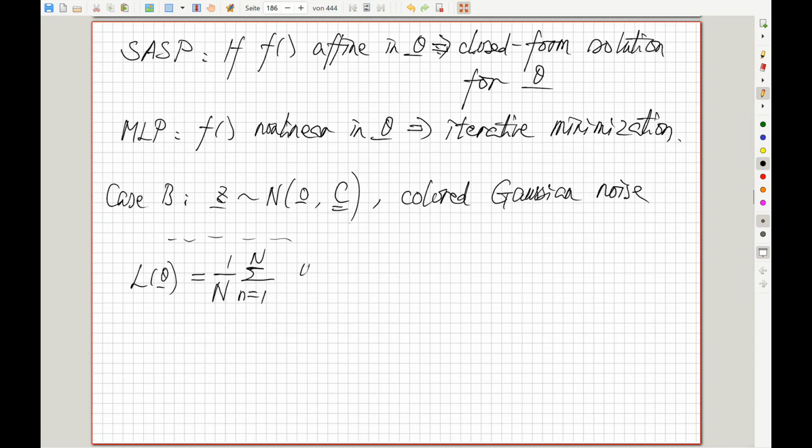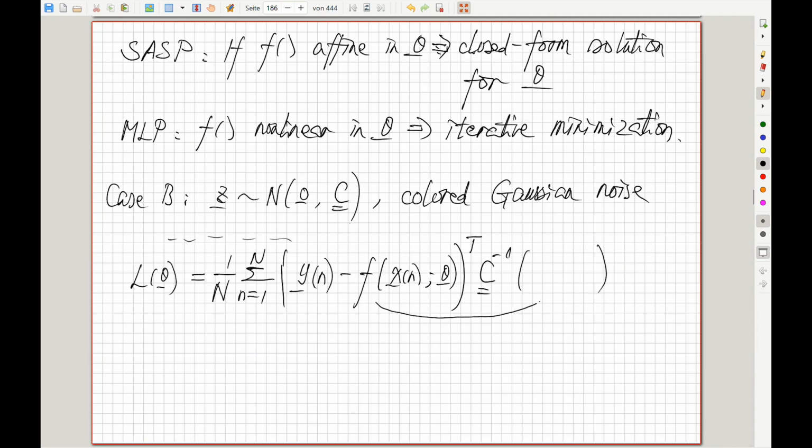Namely, we have again the difference between the desired output and the actual output, x of n, calculated as a function of the parameter vector. This is a column vector transposed to a row vector, multiplied with the inverse covariance matrix, and then the same difference vector once again.